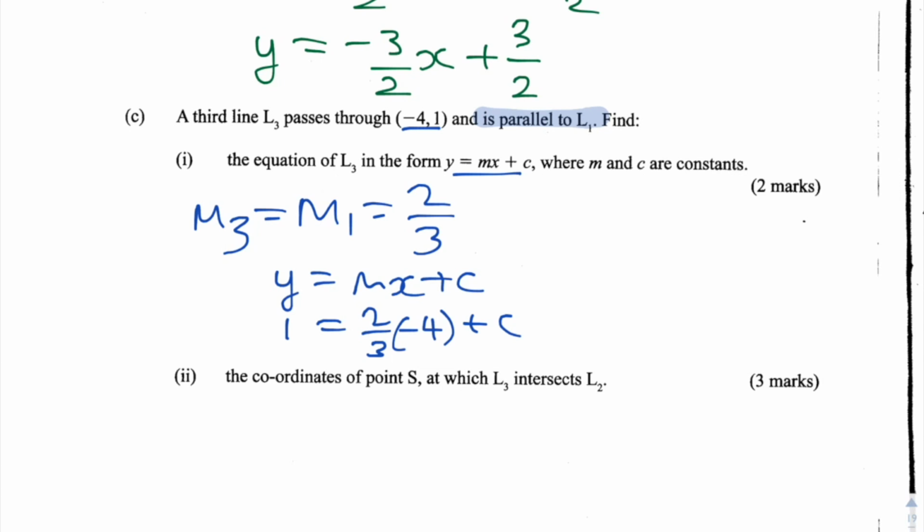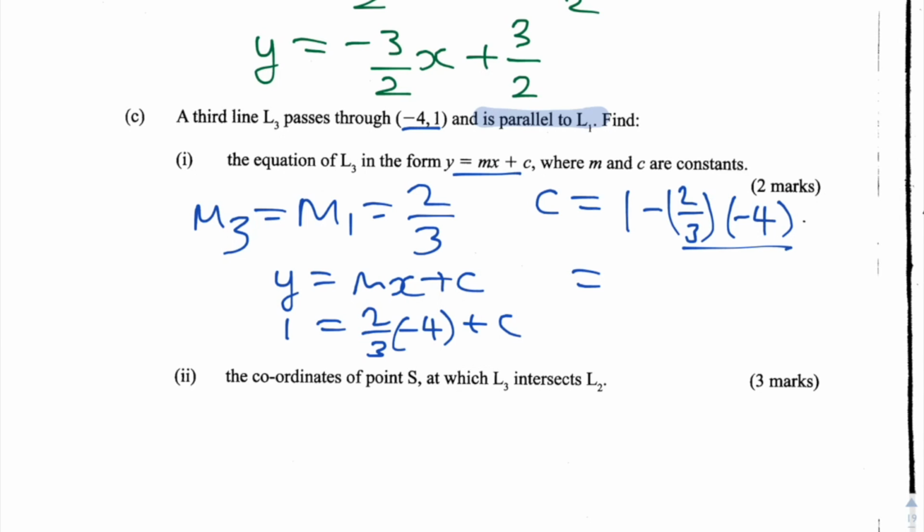So let's rearrange this on this top line. We have c is equal to 1 minus 2/3 times -4. Let's first work with this bit here. 2/3 times -4 gives us -8/3.